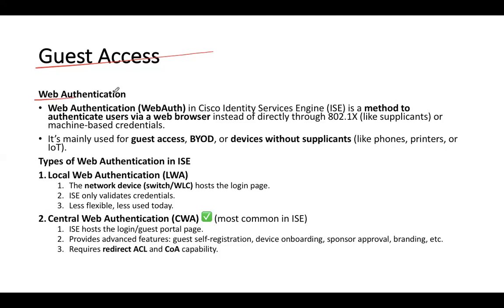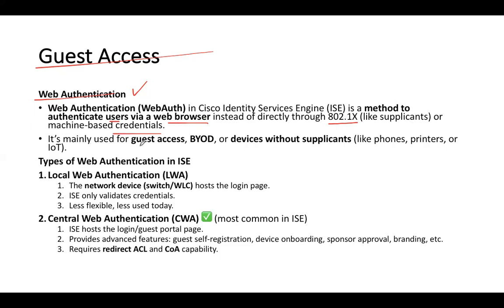Web authentication in Cisco ISE is a method to authenticate users via a web browser, instead of directly through 802.1X supplicants that we have discussed earlier, like MAB authentication or dot1x authentication.